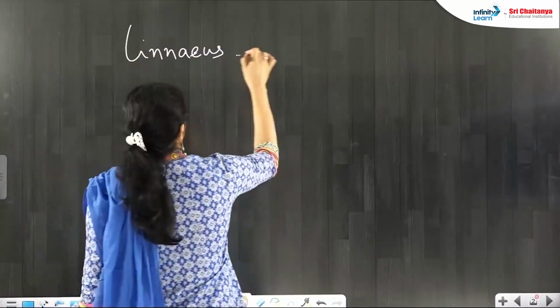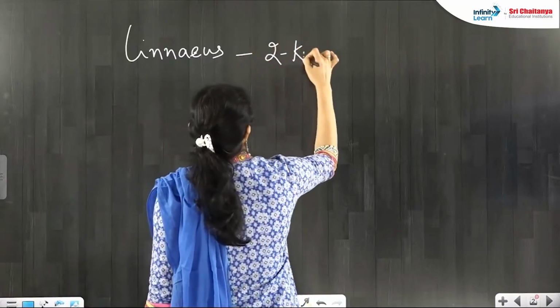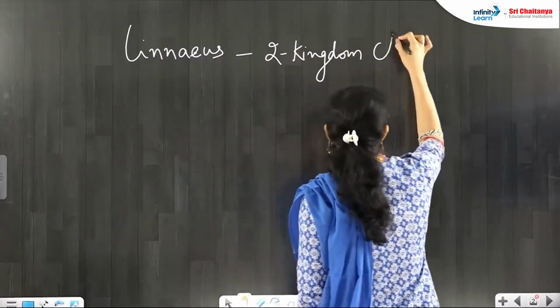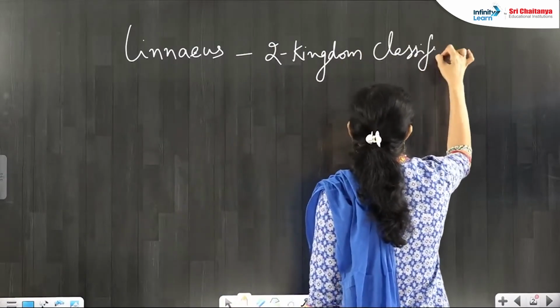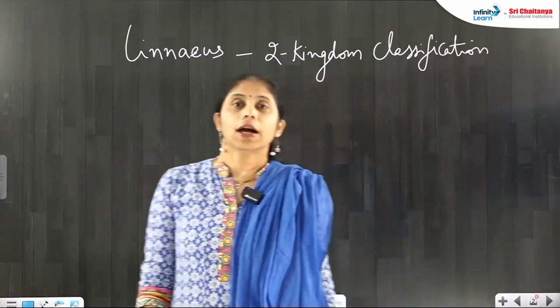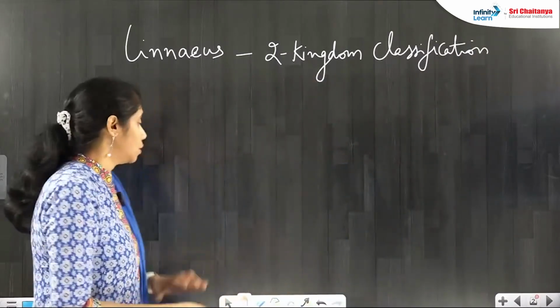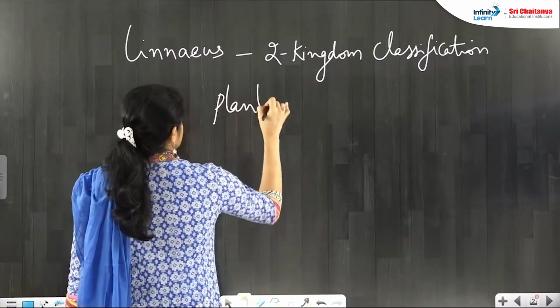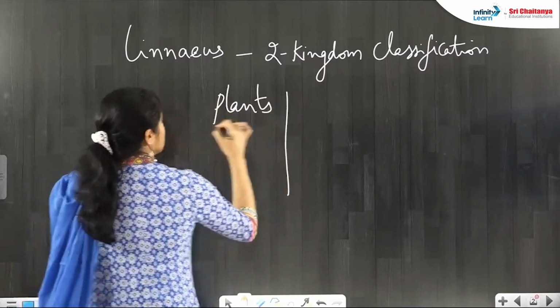He gave the two kingdom classification. In this two kingdom classification, all organisms were kept under two kingdoms: one is plants and another one animals.